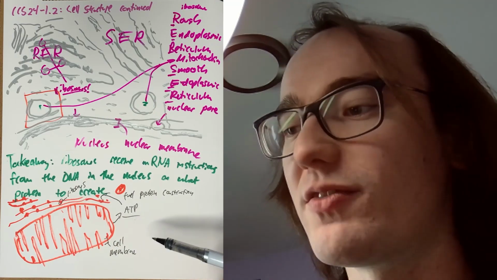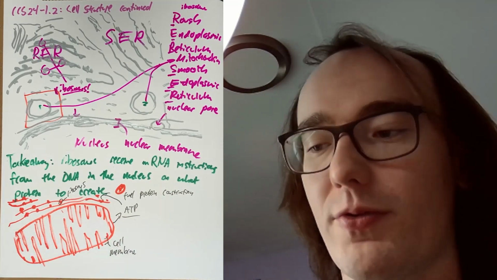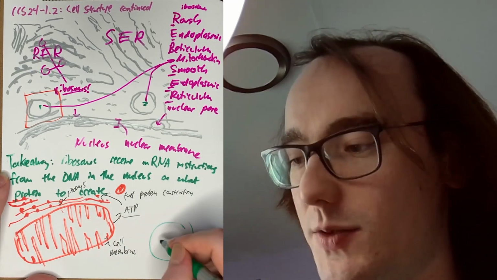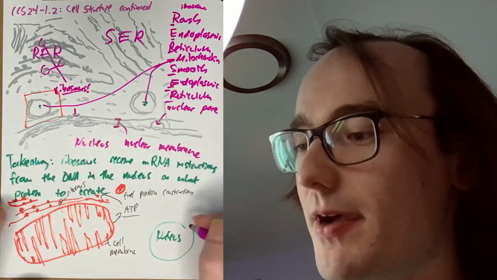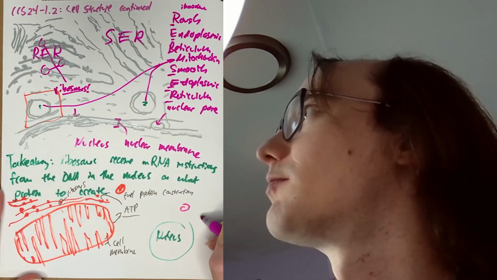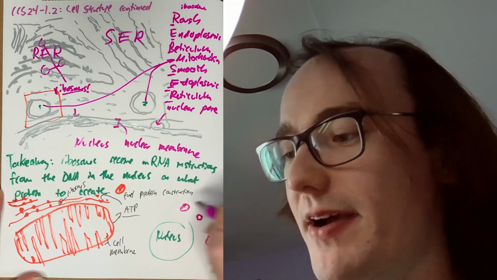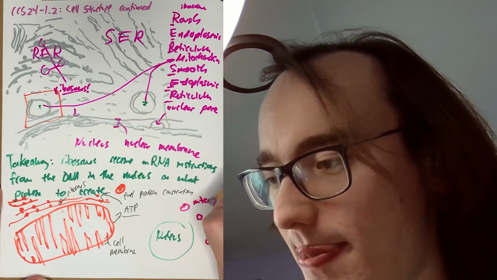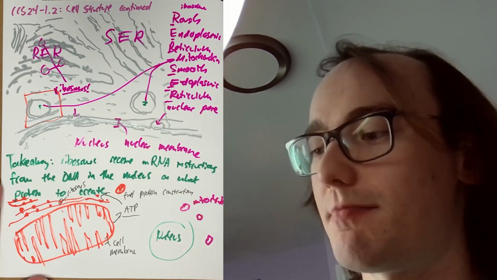Our scales are a little hard to figure out here, so let me try and redraw this a tiny bit. If my nucleus is like this big, then my mitochondria are probably about like this big, right? And mitochondria have some variability in size and scale as well. So the nucleus is a much bigger, much more complicated structure.